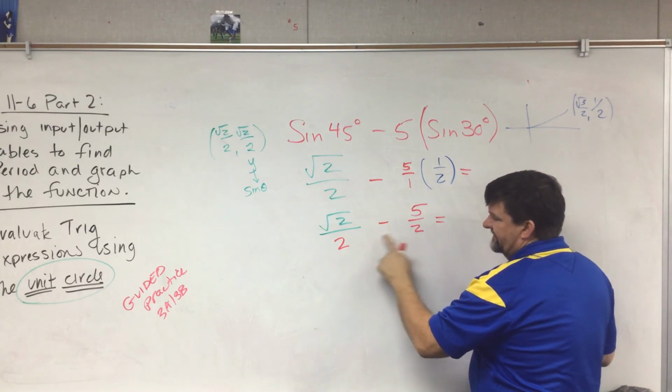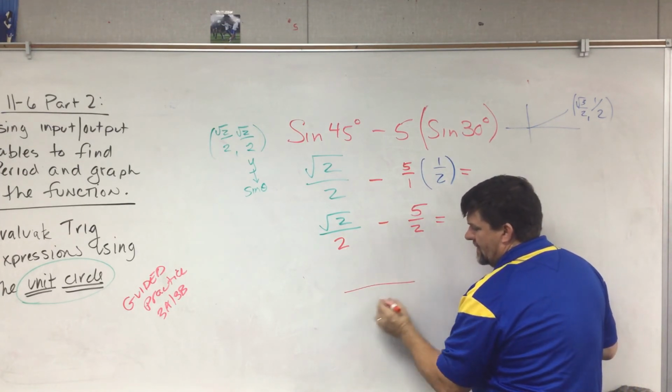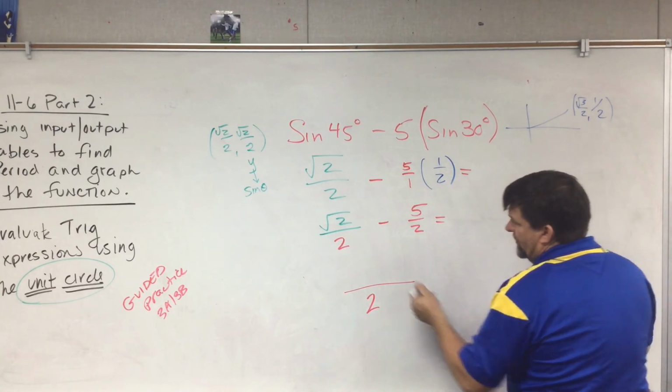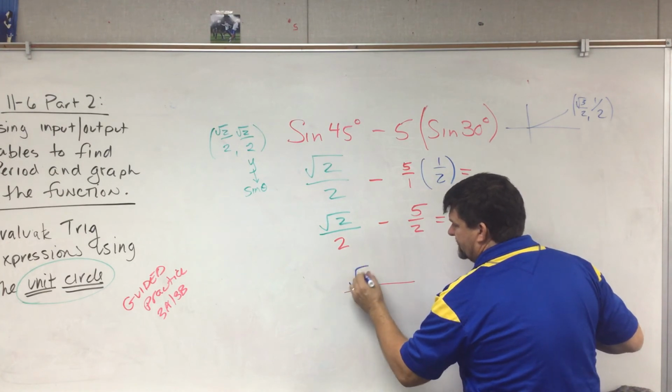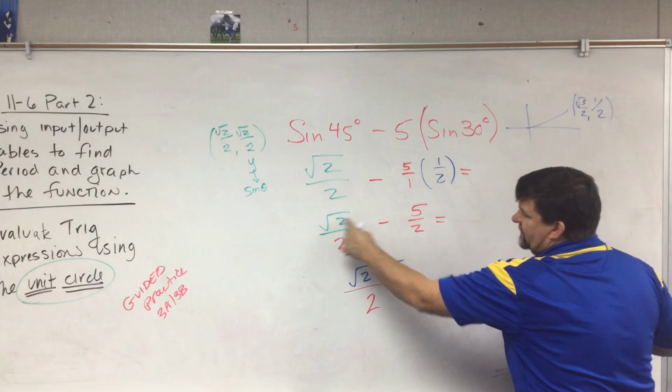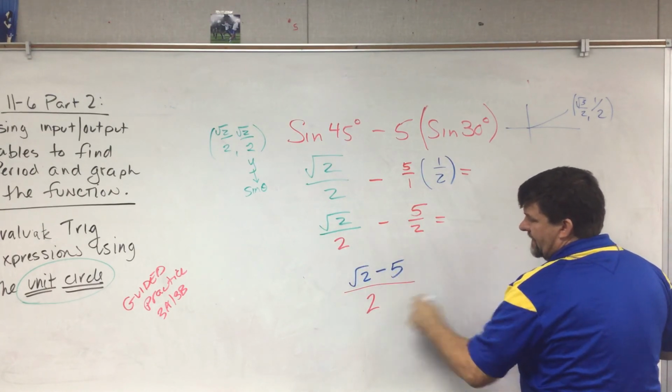The reason I did that is we have common denominators. If there's a common denominator, we keep it and we combine the numerators if possible. Root 2 minus 5. Keep the denominator.